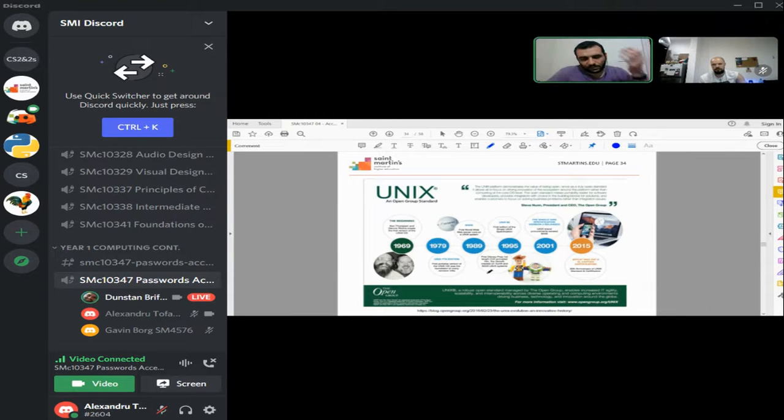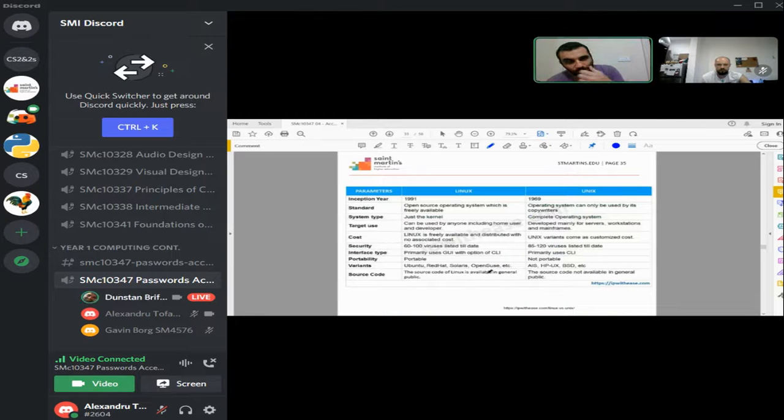It's not my aim to go through the history, but there are some interesting historical facts if you would like to read about this operating system. And despite its age, it is still considered to be tops. This is just a very brief comparison between the two.